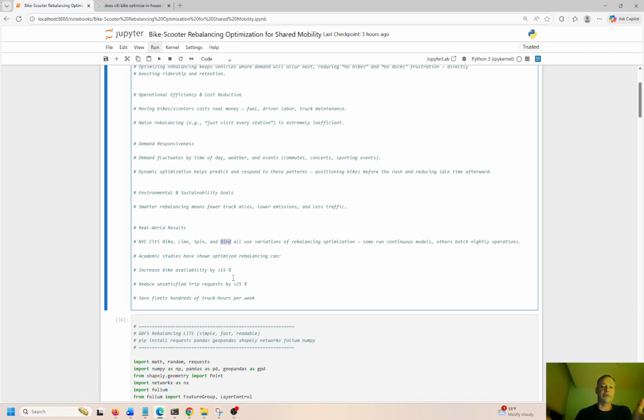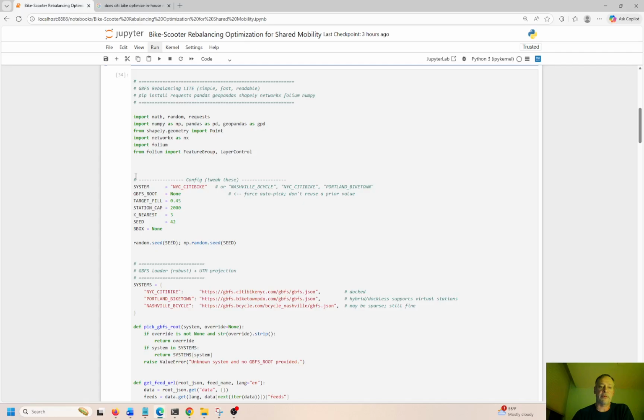But if you're doing it once a day with batch processing overnight, you might roll the truck at 4 a.m., do the replacement of the bikes when traffic and utilization is down, and reallocate the bikes at that point in time. It helps all of these guys, right? New York City Bike, Lime, Spin, and Bird, whatever that is, increase bike availability by 15% and reduce unsatisfied trip requests by 25%. So again, win, win, win. Everybody's winning here. That's why we do this type of thing.